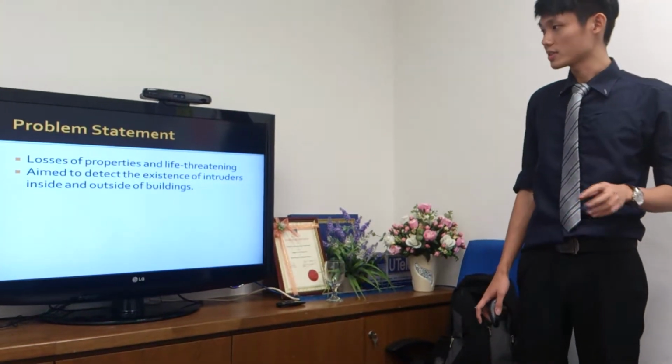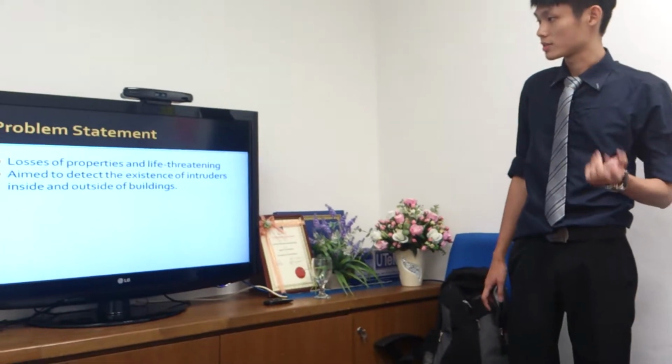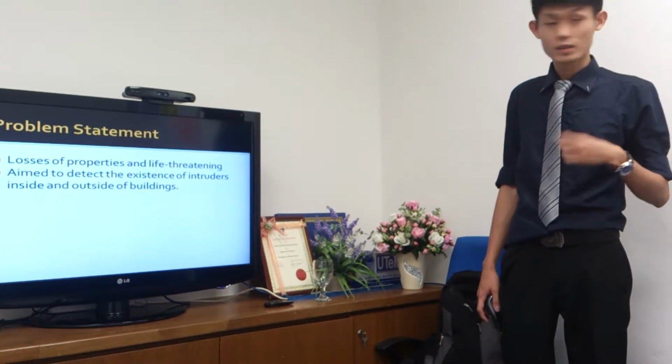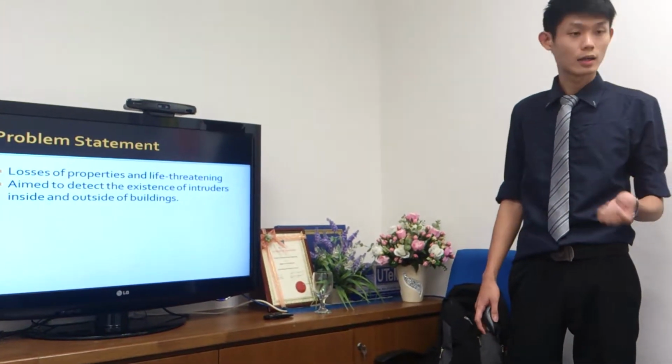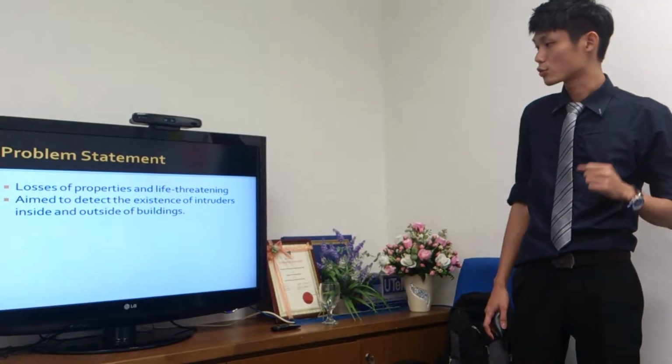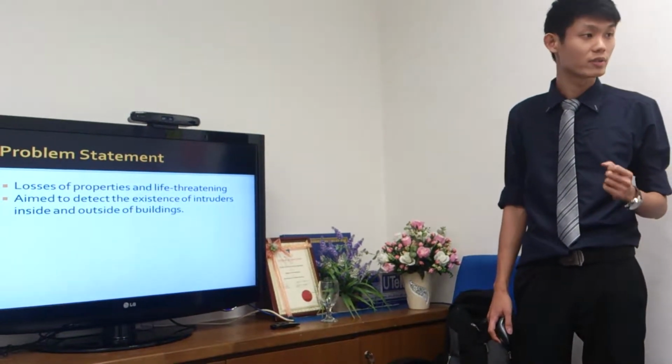My problem statement is that it will cause a lot of losses of properties and be life threatening when an intruder breaks into our house. So we aim to detect the existence of intruders inside and outside of the building.